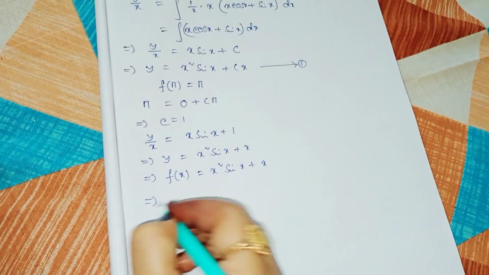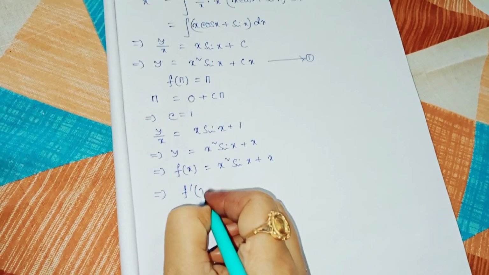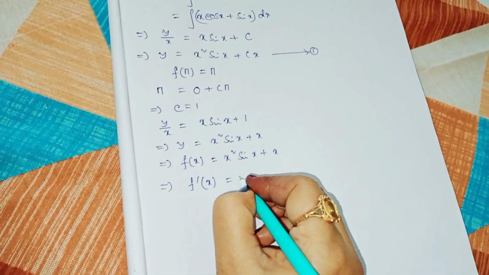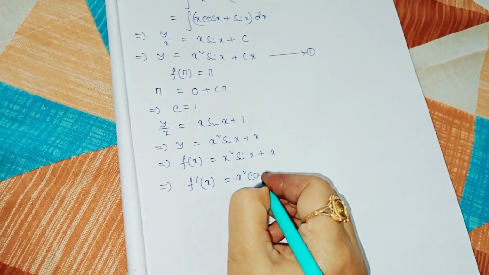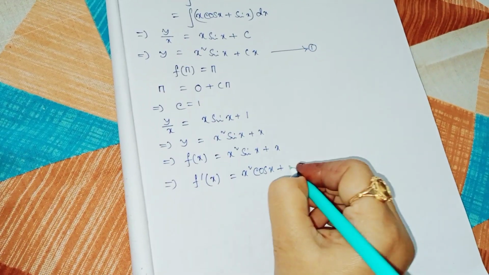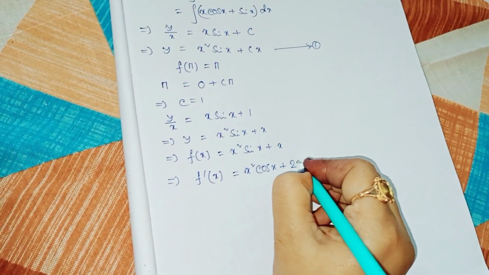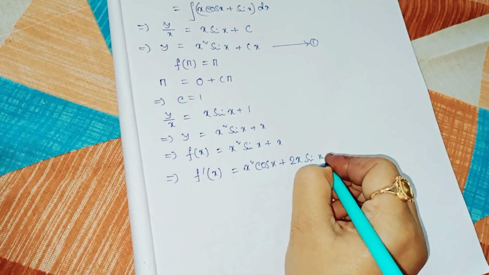Now f'(x) is what? So it is x squared cos x plus 2x sin x plus 1.